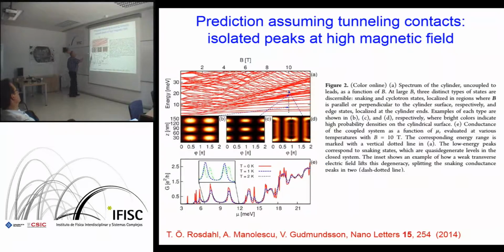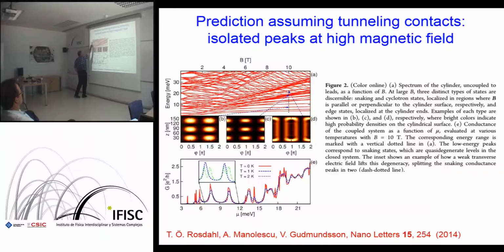And we found that indeed, because at strong magnetic field the snaking states tend to be ground states, they can be seen as resonances, isolated peaks in the conductance. So our prediction is that for parameters which are realistic, although strong magnetic field and nanowires of the known size, one should be able to see the snaking states as peaks at low energies.